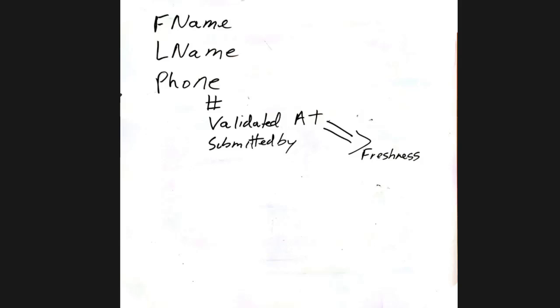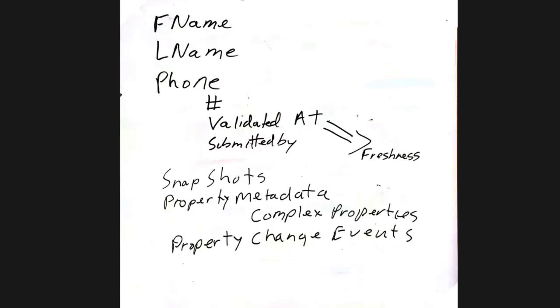So if we're going to keep this, and let's say we need metadata about something, what are the main ways that we can do this? I'm going to claim for the purposes of this discussion that the primary three ways are snapshots, property metadata with complex properties, and property change events.